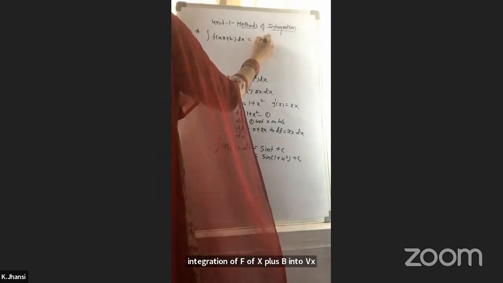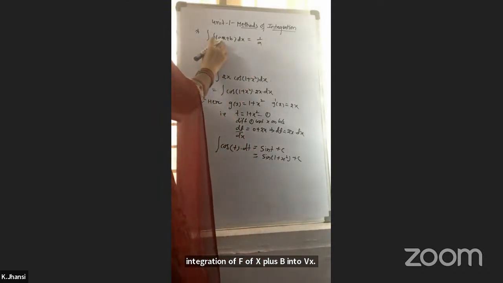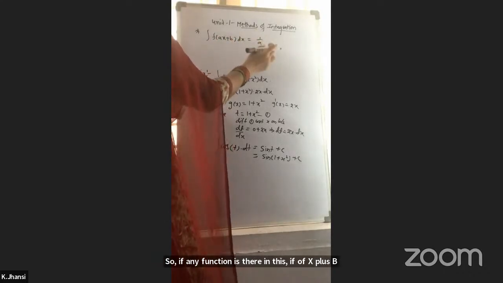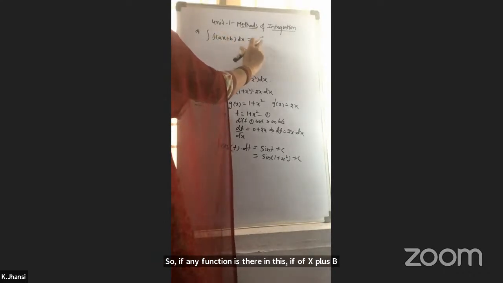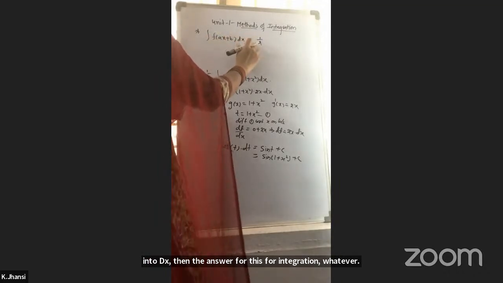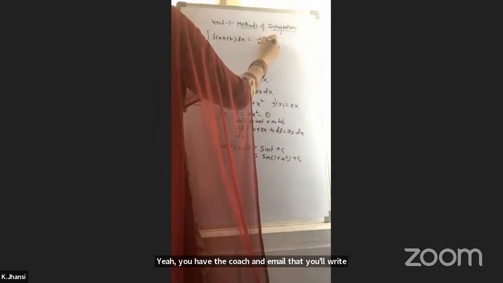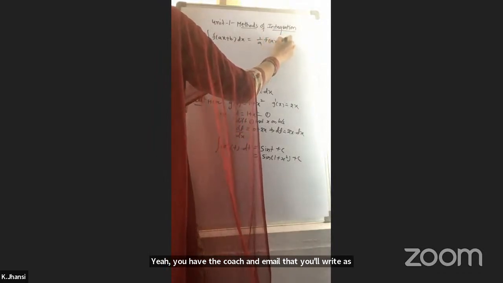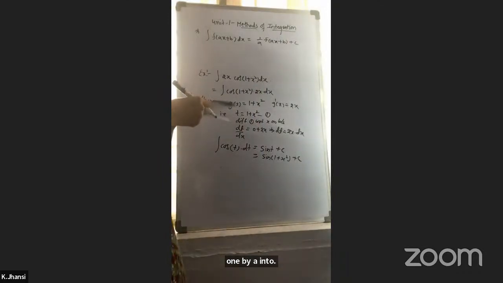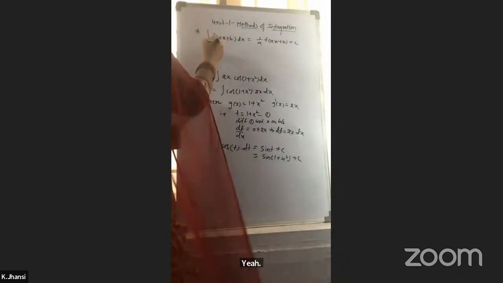If any function is in this form, then the answer for the integration is 1 by a into capital F of ax plus b plus c. All these formulas are in your textbook, you can see them from there also.